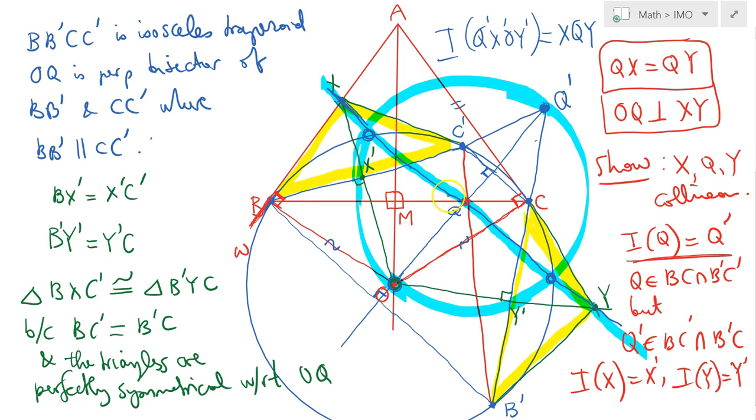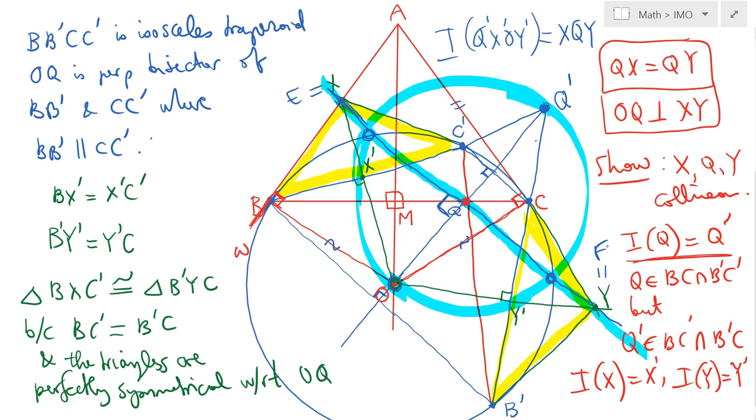I know that that line is perpendicular to the line OQ because of inversion again, and as a result, the line OQ is perpendicular to the line which goes through the points X and Y, and X is on AB, Y is on AC. I can rewrite X as E and rewrite Y as F.